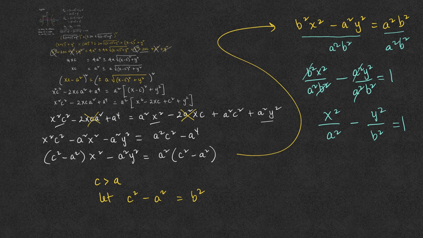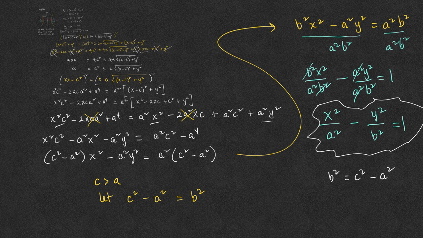And this is the equation of the hyperbola that we need to derive. For this to work, we would need to have b squared equals c squared minus a squared, or simply put, c squared equals a squared plus b squared.